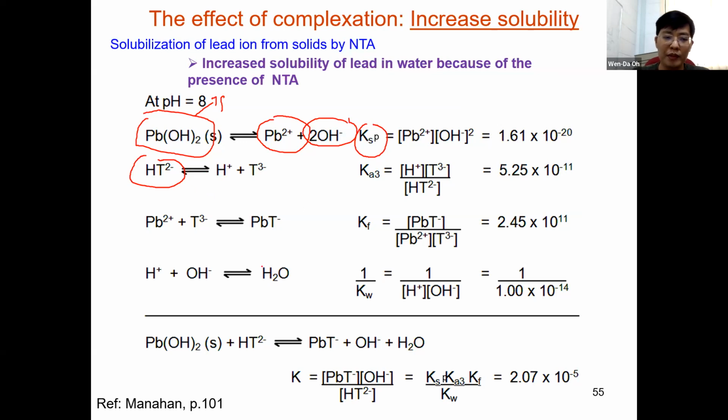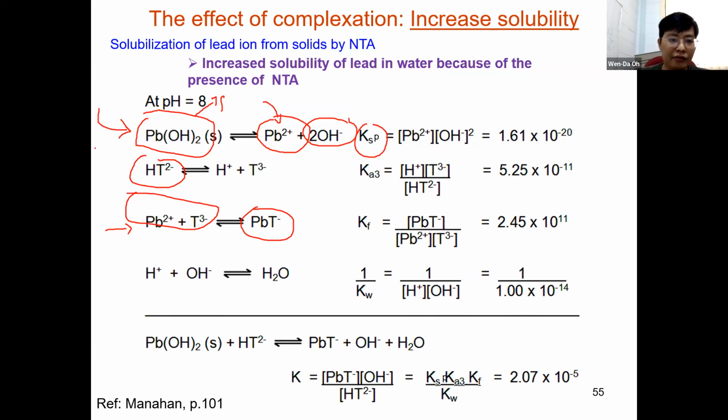So there's an equilibrium between this Pb2+ and this T3-, right? So you can actually have this reaction also. The lead can actually bind with the ligand to form a complex. So the first reaction is when you have dissociation of the lead to become the ionic form.